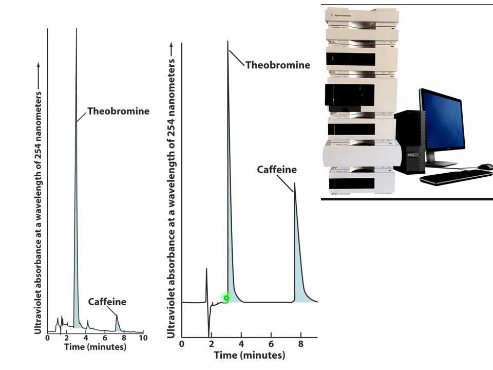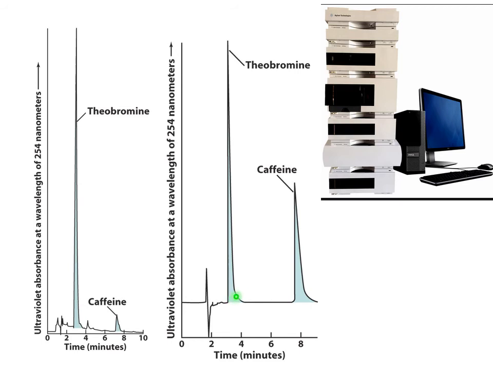Now we want to calibrate our system. We see the peaks, but we do not know how much theobromine and caffeine are in this. So we make solution with known amount of theobromine and known amount of caffeine and running it through our systems.